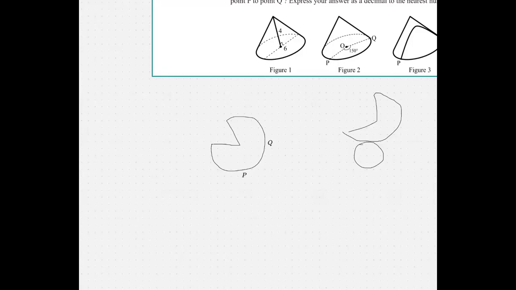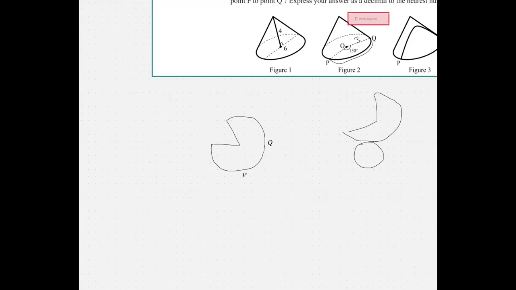So the length of arc PQ is 150 over 360 times 6 pi, since the diameter is 6, right?